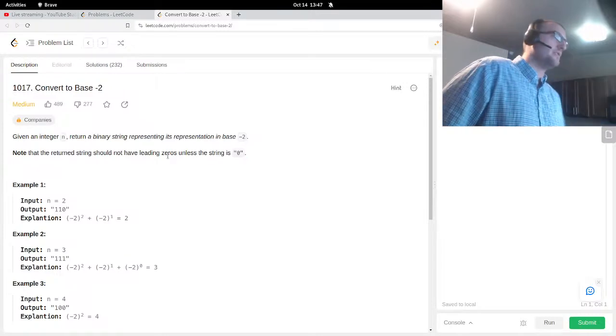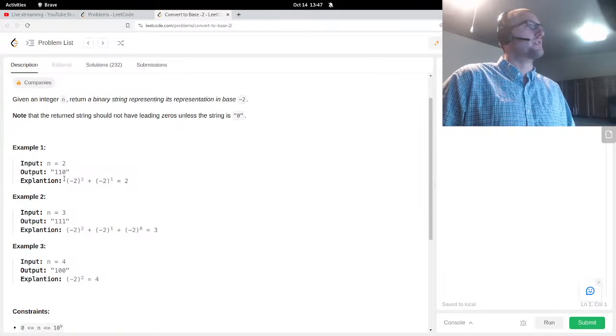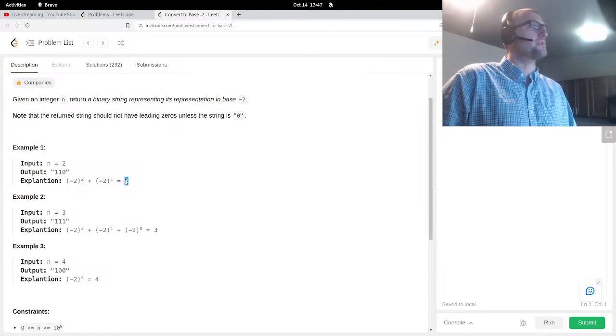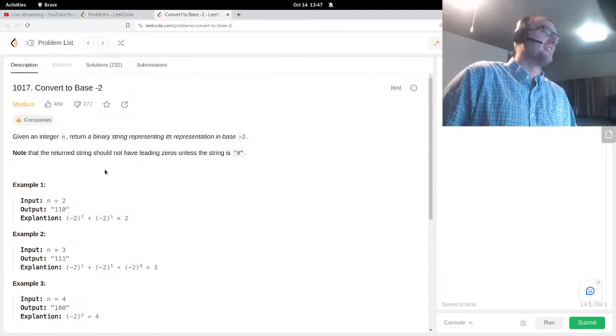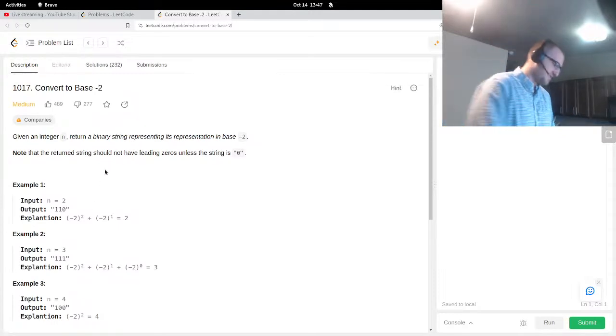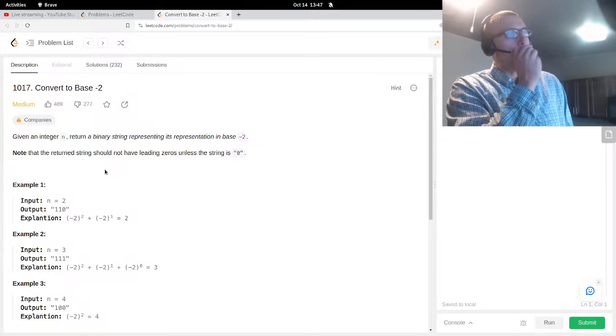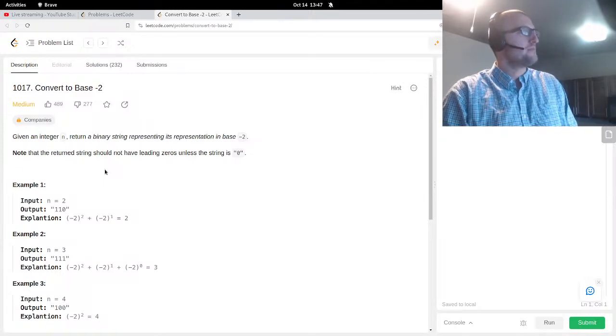Okay. N is 2, -2 squared plus -2 first is 2. It is exactly what it says. Well, every other number is going to be subtracted a value, right?